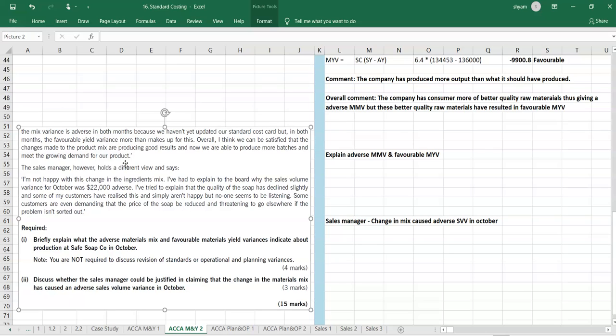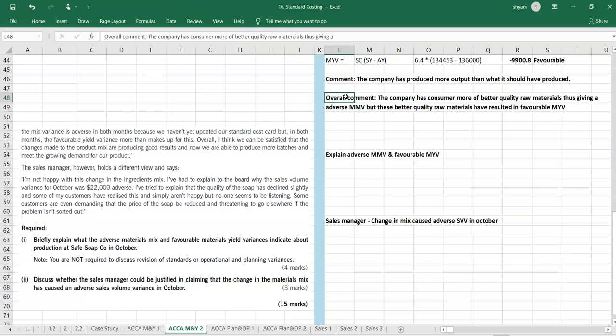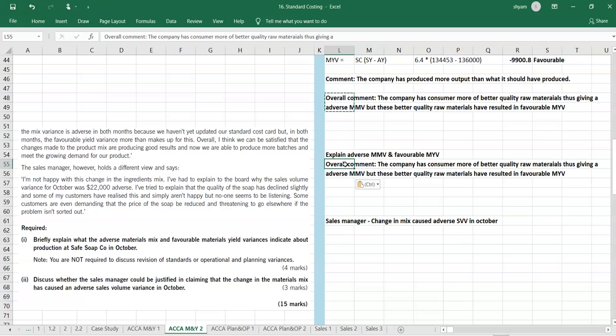So what they have done is they are showing adverse mix variance and favorable yield variance, okay. So if there is an adverse mix variance, again like what we typed here, this comment is what will also apply here. The same comment is what will apply here.